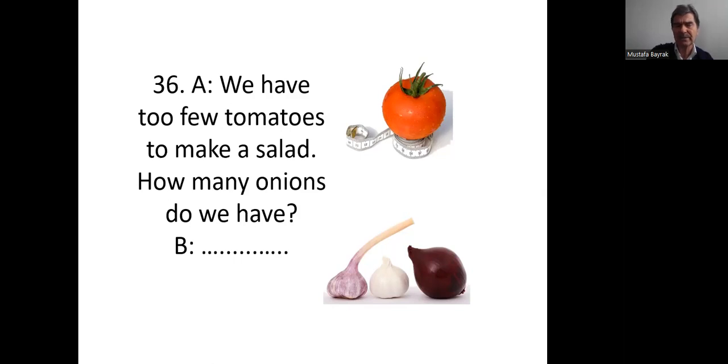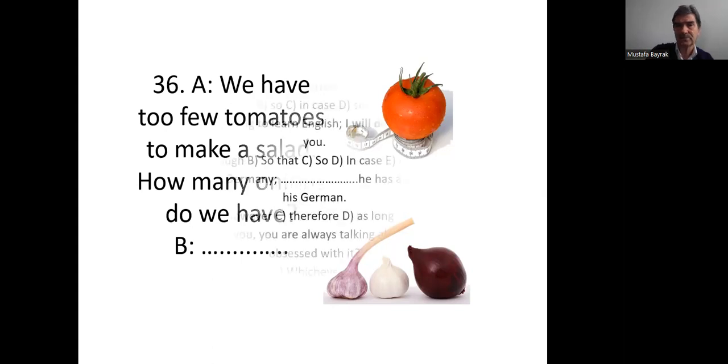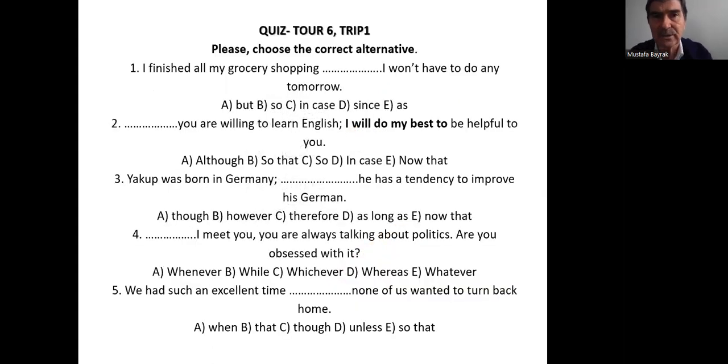But if we say what happens, let's see. We have too many onions to cook the meal. Means don't worry. We have onions more than we need, more than necessary. Okay. Many onions. Okay, now quiz time.